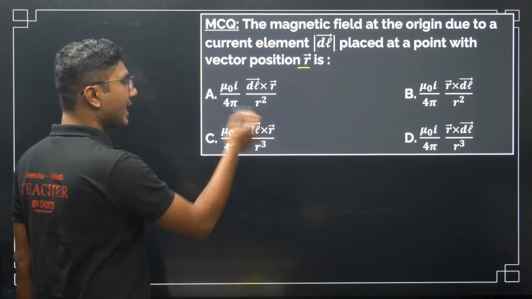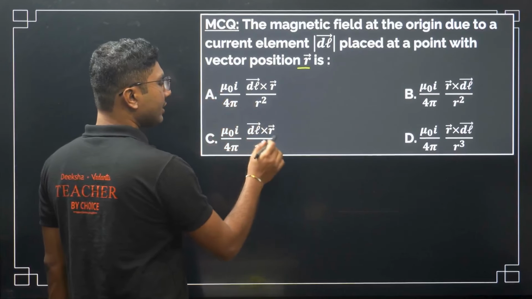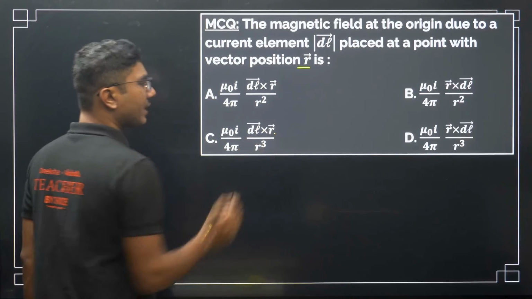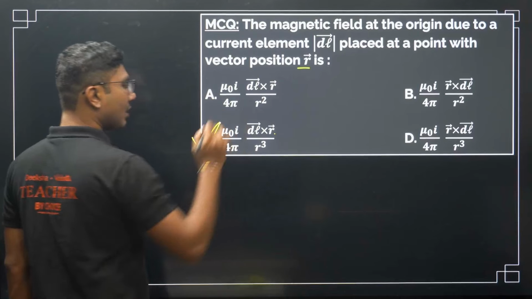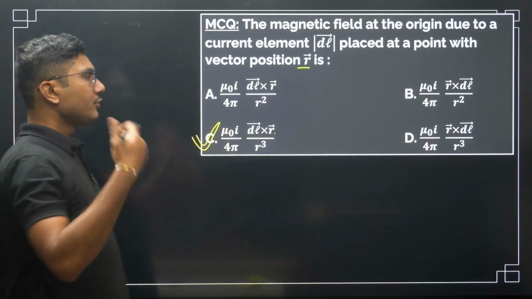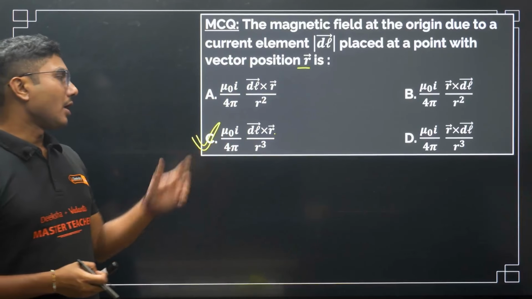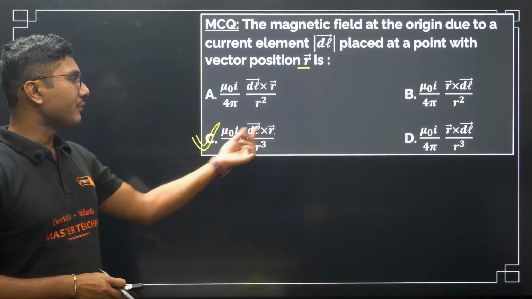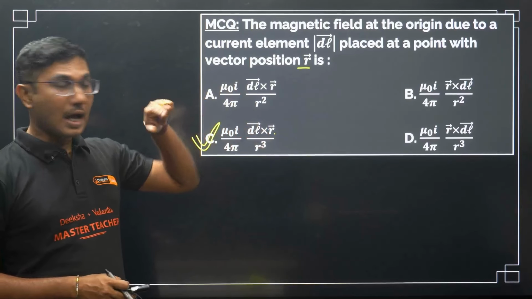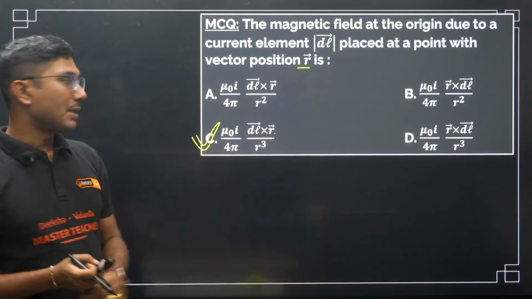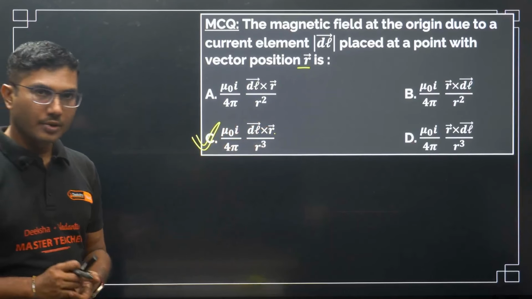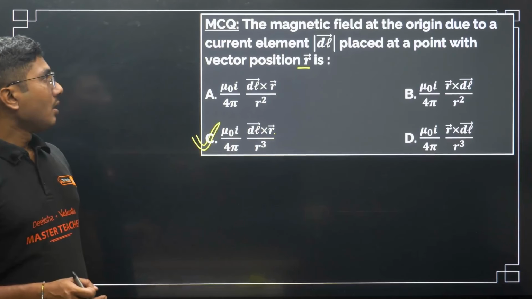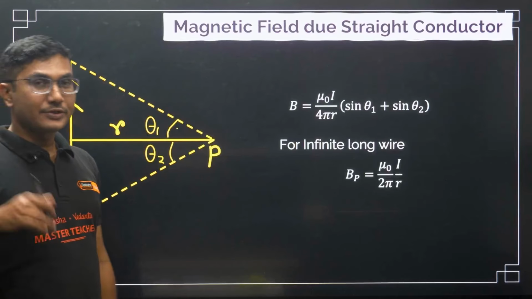This is Biot-Savart's law; the only thing you have to be careful about is that because you are writing the r vector, the denominator will be r cube and not r square. If it was written as r cap, then it will be r square, but because it is written as r vector, it will be r cube. If you have any more doubt, please mention it in the comments below.